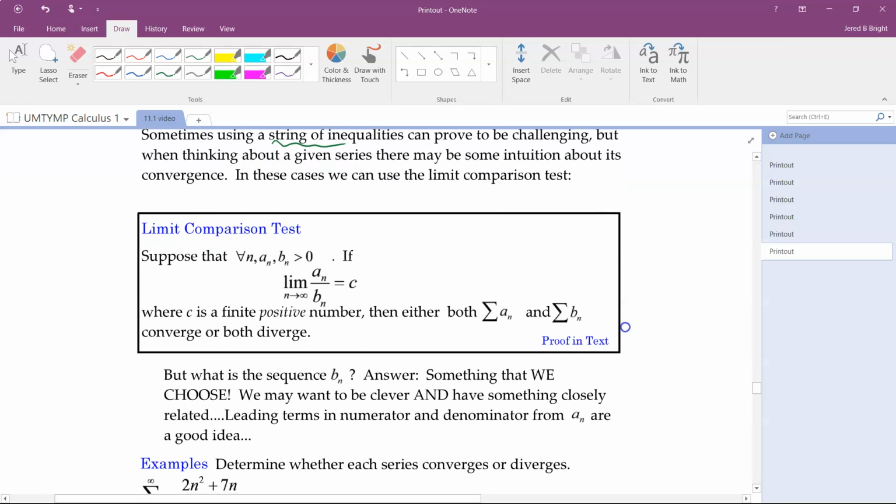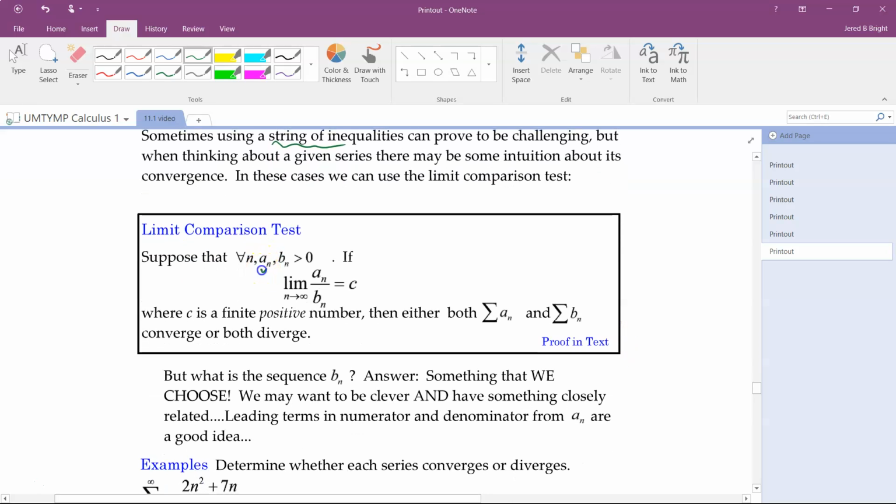Okay, so the limit comparison test says we have to have those conditions. Also, this upside down A, we read that in mathematics as for all or for every. So I do introduce some shorthand notation, just be aware of that.